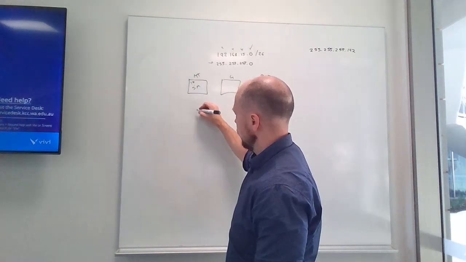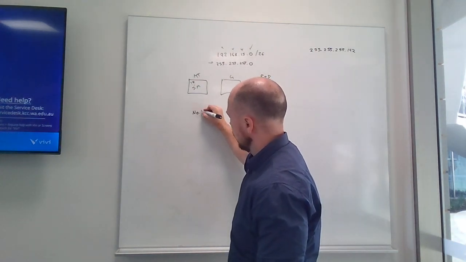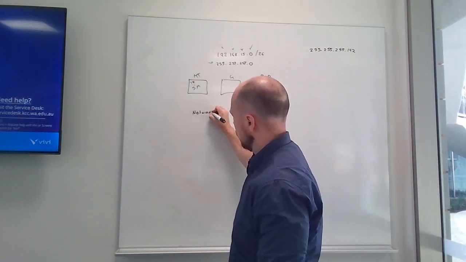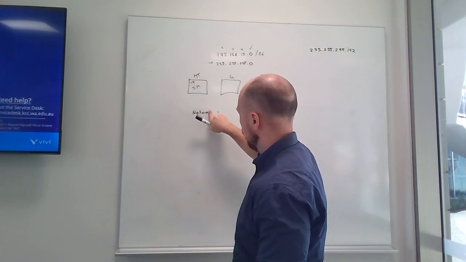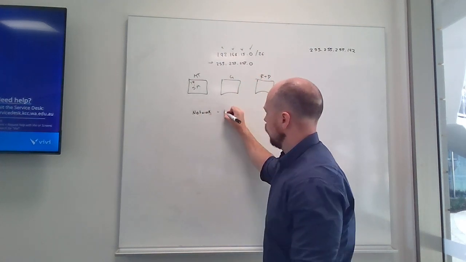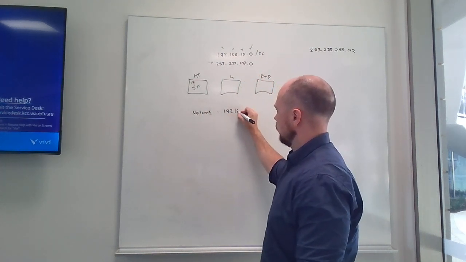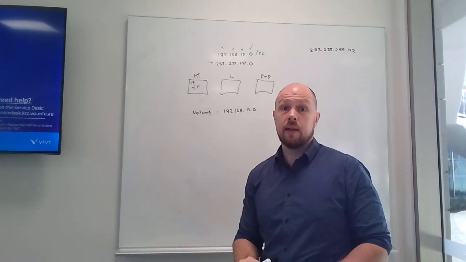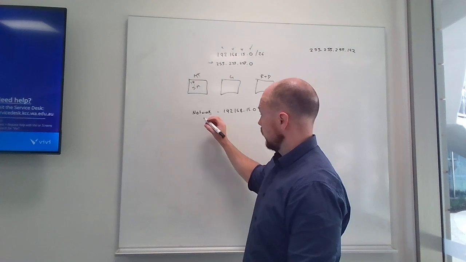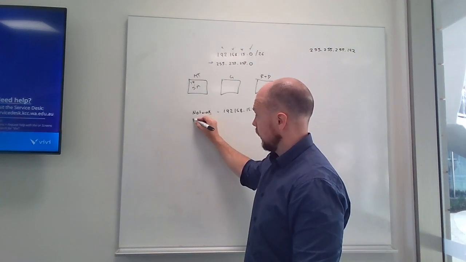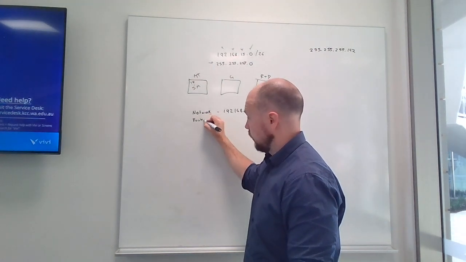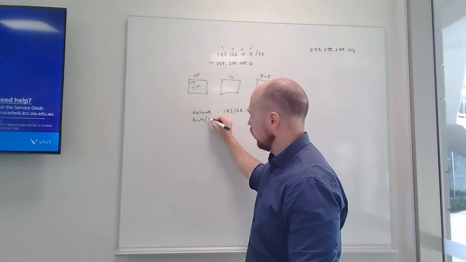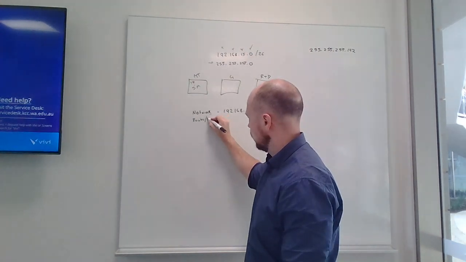So the very first one is the network address, and this is 192.168.15.0. So that's reserved. We can't touch that one. The next one is going to be our router, as the question states, or the default gateway.